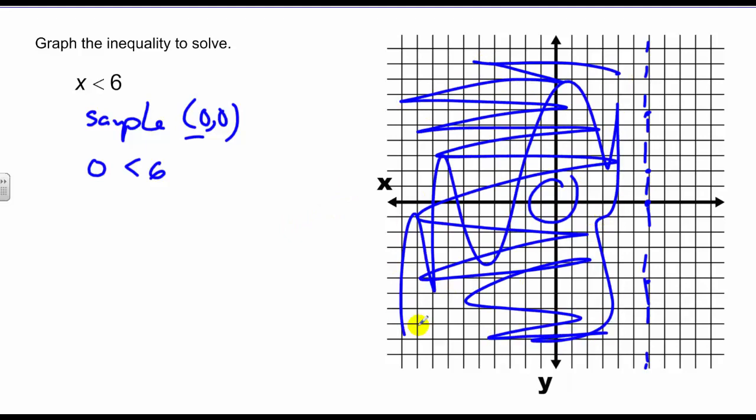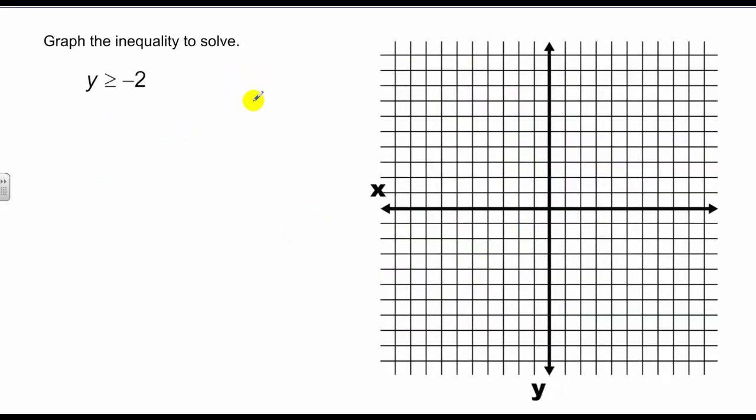Next, we're asked, where is y greater than or equal to -2? Well, y is equal to -2 right here. It's also equal to -2 here and here, pretty much everywhere on this horizontal line. And since it's equal, I make it a solid line.